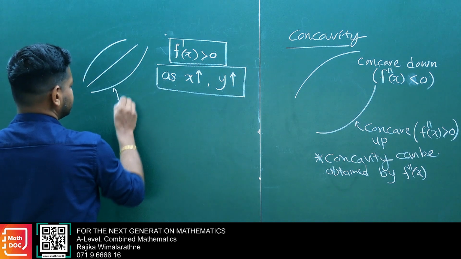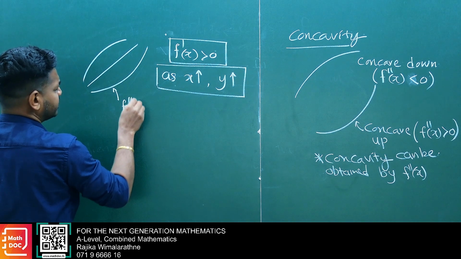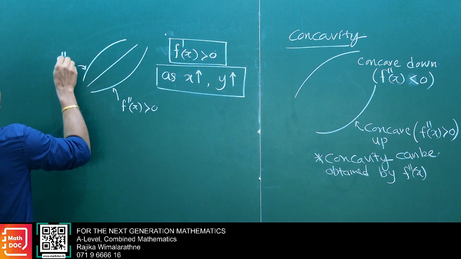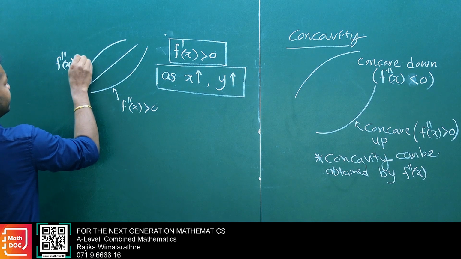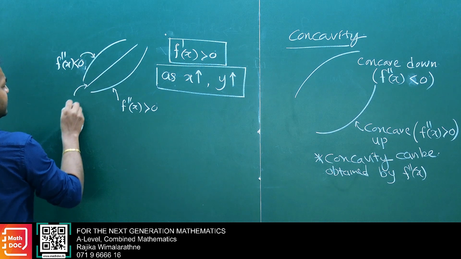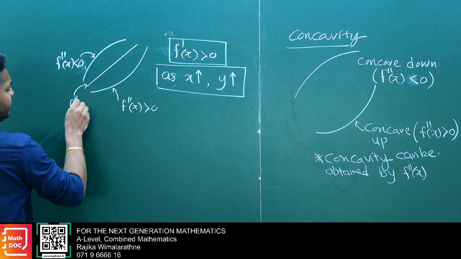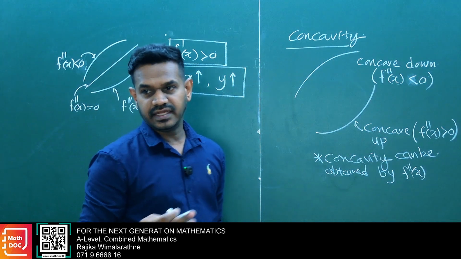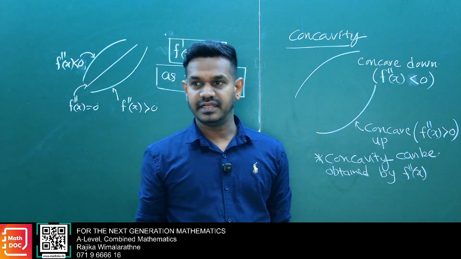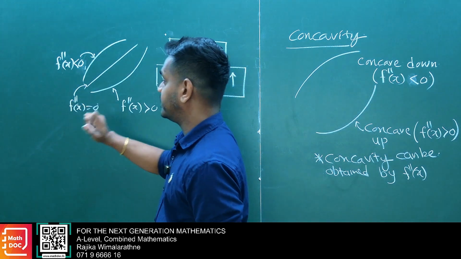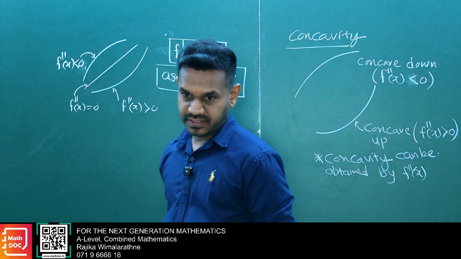Here this case, especially f double dash x positive, and for this case, f double dash x negative, and here this case, f double dash x 0. Then constant gradient, second derivative will be 0.